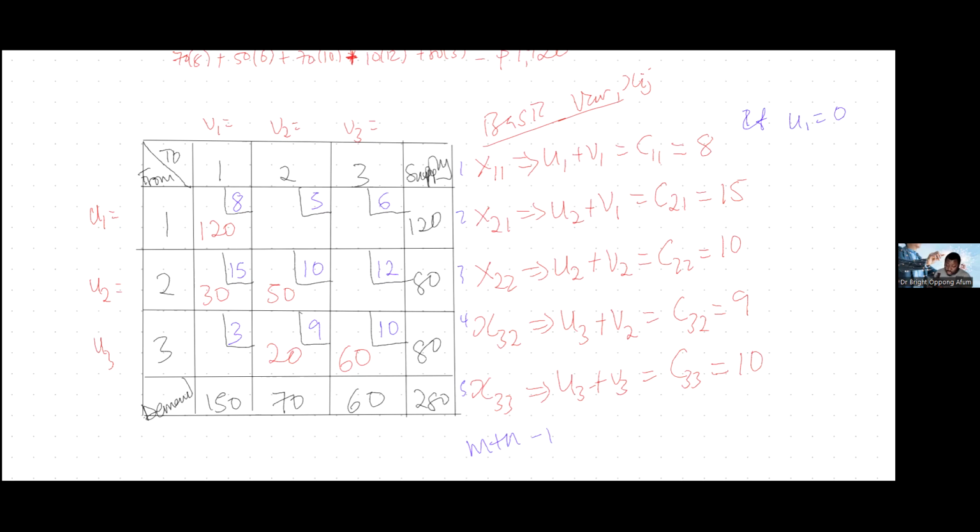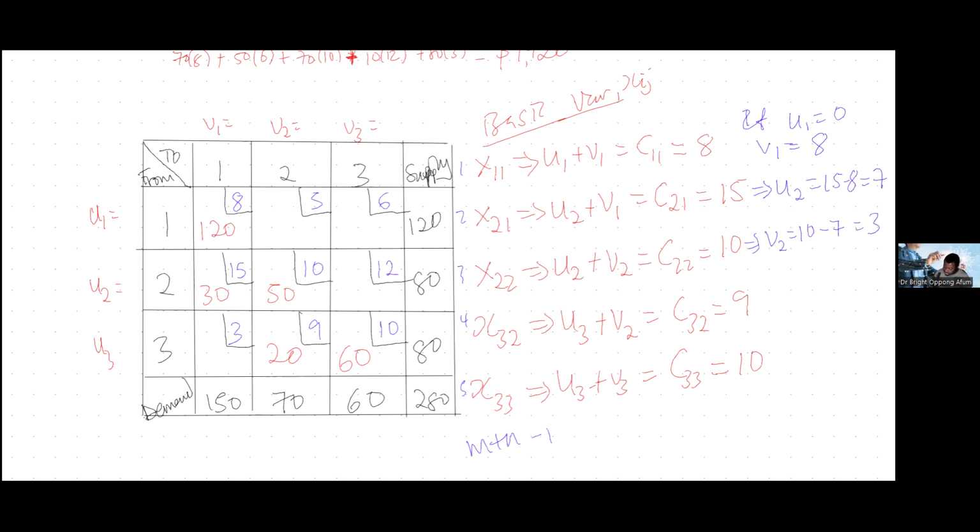So if U1 is equal to 0, from the first equation it means that V1 is equal to 8. If V1 is equal to 8, then for the second equation, U2 is equal to 15 minus 8, and that is 7. Now we know U2 but we don't know V2, so V2 will be equal to C22, which is 10, minus the 7, is equal to 3.